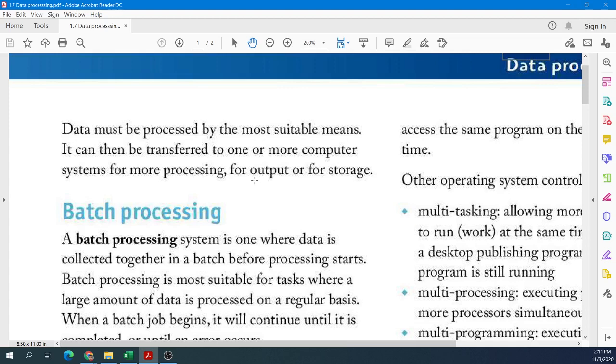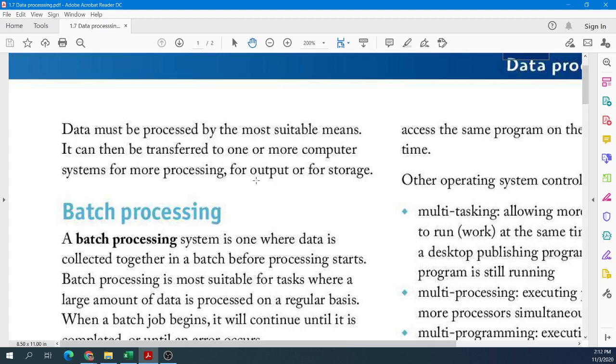So basically, in order for you to get some sort of data or information that you understand or can read or be able to use, you need to process that data.